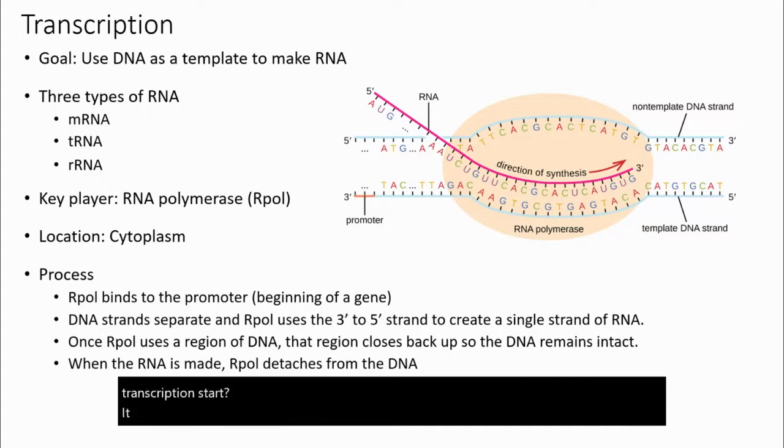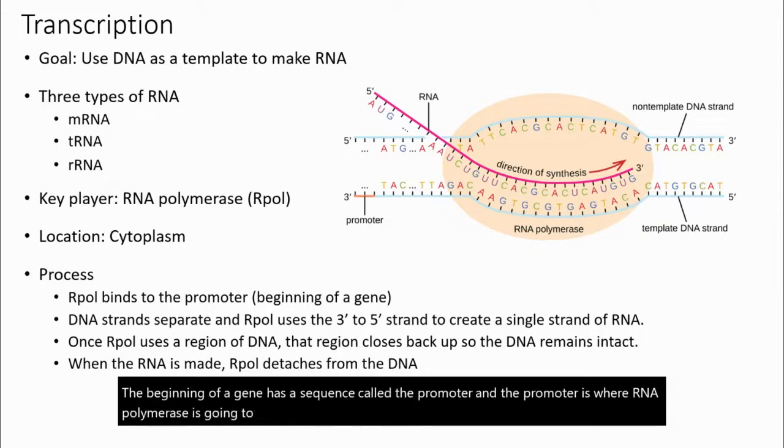So where does transcription start? Well, it has to start at the beginning of a gene, right? That segment of DNA that codes for a protein. So the beginning of a gene has a sequence called the promoter. And the promoter is where RNA polymerase is going to bind to start the process of transcription.